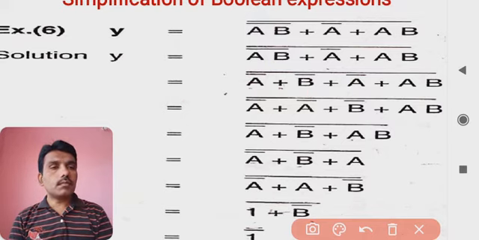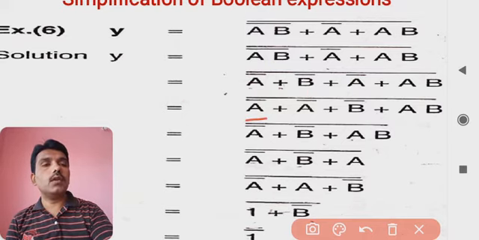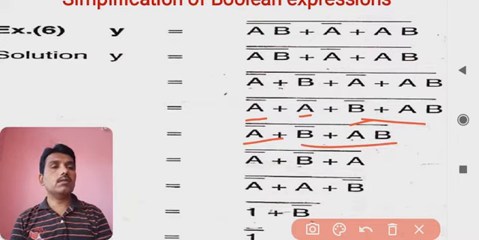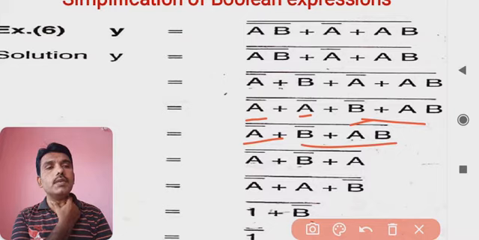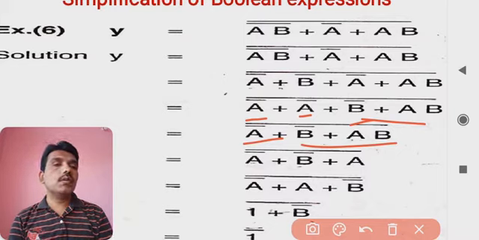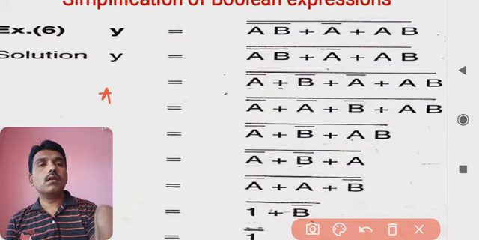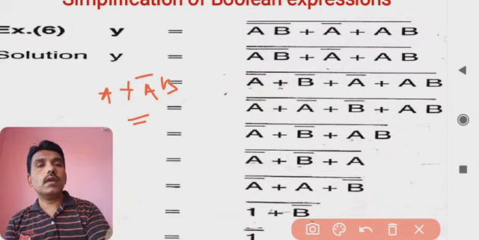Then again, if you look at A' or A', I can write one A' there. B' or AB as it is. But again we have another law, law 14, that is B' or B and A. In general the law is A or A'B is equal to A or B. That was the law.